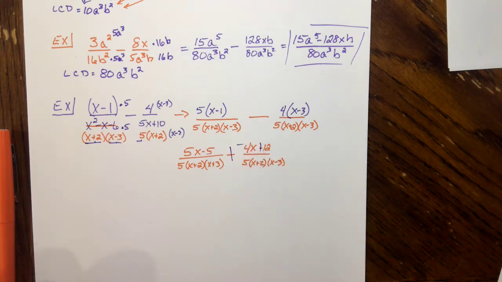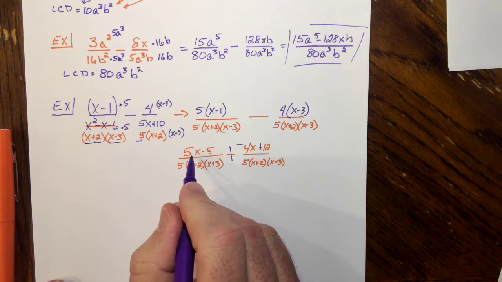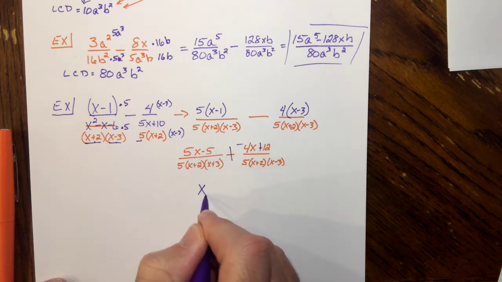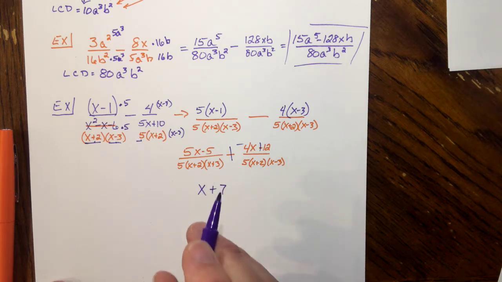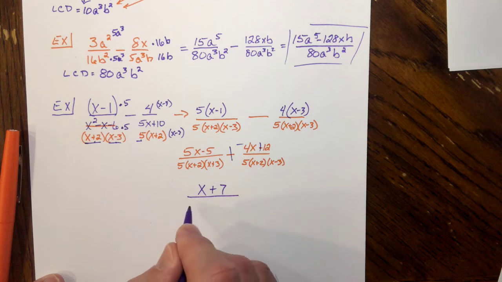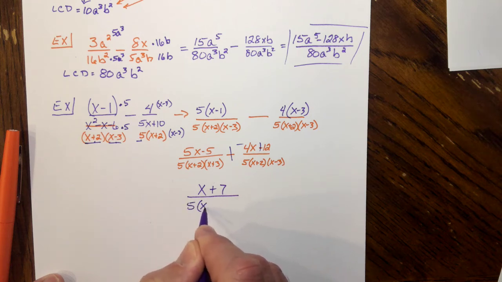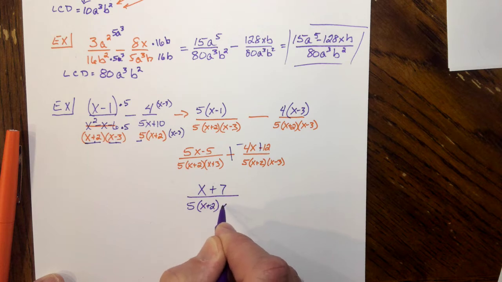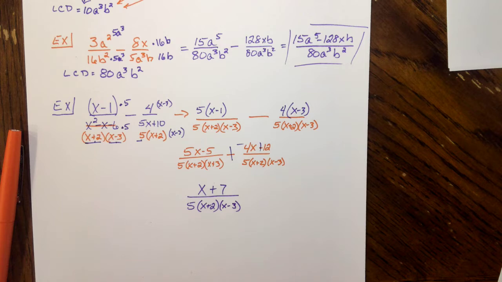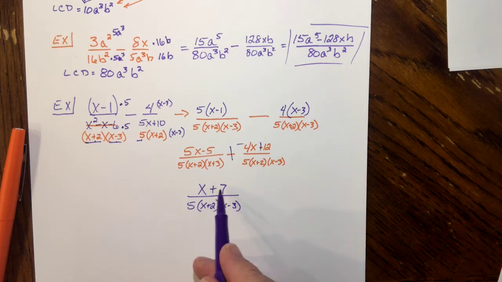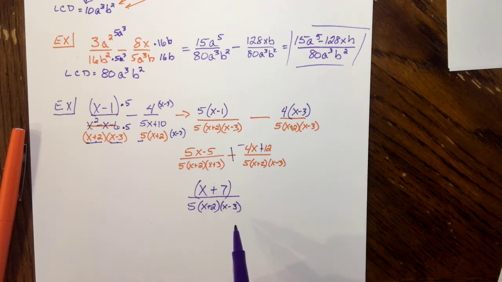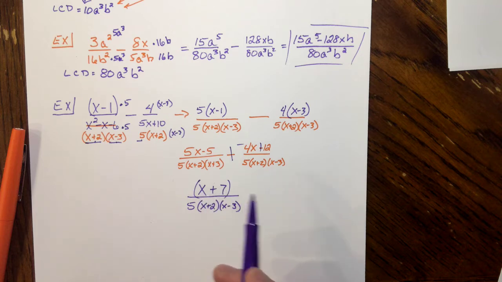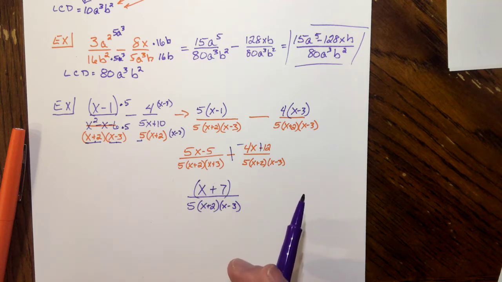I'm subtracting everything in that second fraction. So 5x minus 4x, x, negative 5 plus 12, plus 7, over our common denominator, which we are not expanding. Now there may arise a case where that quantity might cancel a quantity, and if you want to do that, you're fine. It doesn't. Again, it's got to be quantities now because we are dealing with expressions.